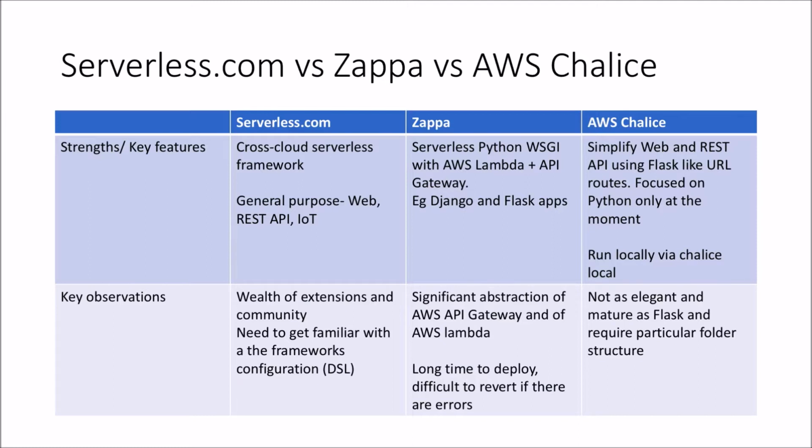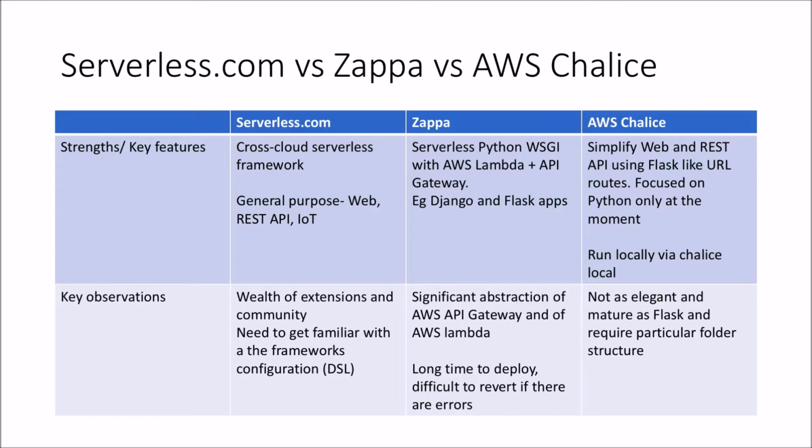Zappa is another very popular framework, and I would say they were really the front runners for a lot of these serverless frameworks and the inspiration for many others. Now, while they can be used for various purposes, they tend to be very popular for web-based applications or even REST API-like solutions.